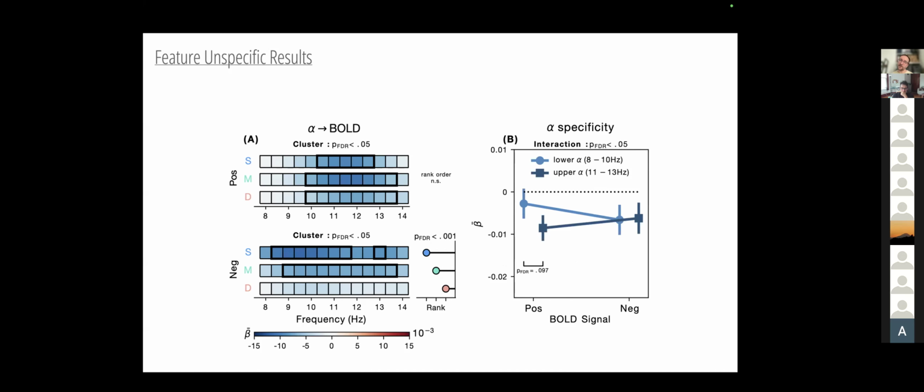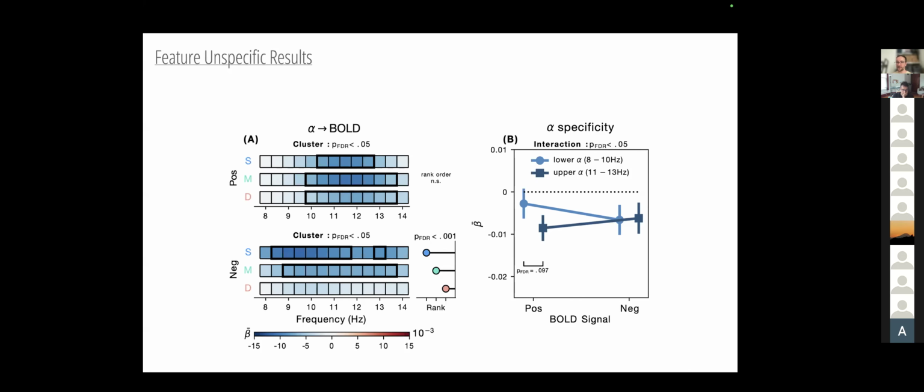What we also did is we wanted to see how different alpha subbands actually respond to this task. So we averaged across layers and just looked at lower alpha bands, which is 8 to 10 hertz, and upper alpha subbands, which is 11 to 13 hertz. They were also determined based on the average gamma band response from the EEG. And we have a significant interaction there for Bolt signal direction and upper or lower alpha.